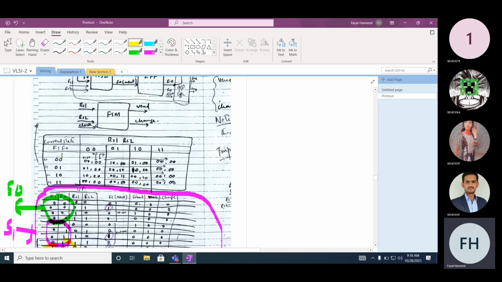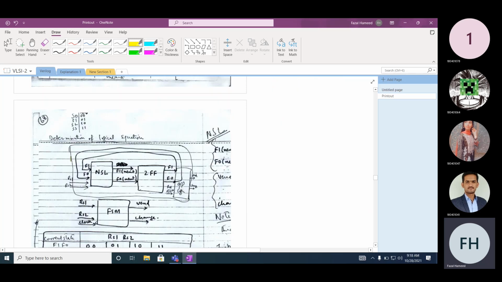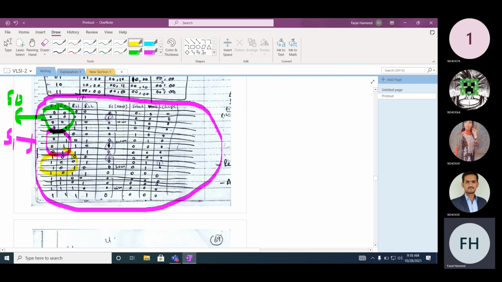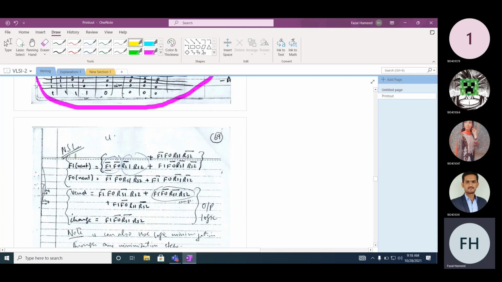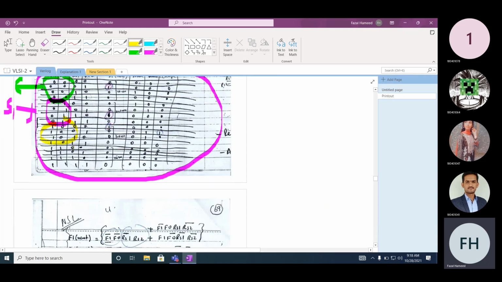From this truth table, because in digital logic everything can be represented in binary, that's the reason we have now this state diagram.